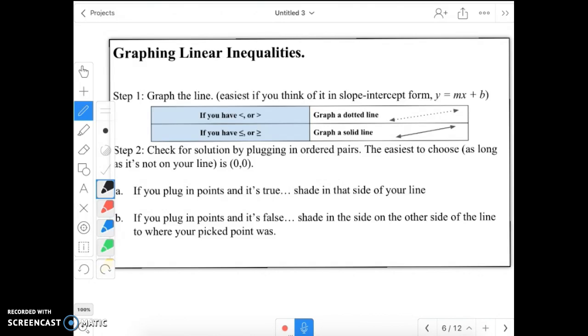If it is true, or if any point that we pick gives us a true statement, that's the side of our equation that we would shade in. So when we're graphing linear inequalities, we shade in the side that gives us true statements, because any point on that side of the line will give us a true statement. If it's false, then we shade in the opposite side.